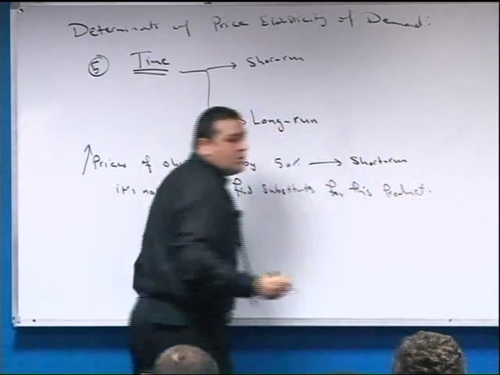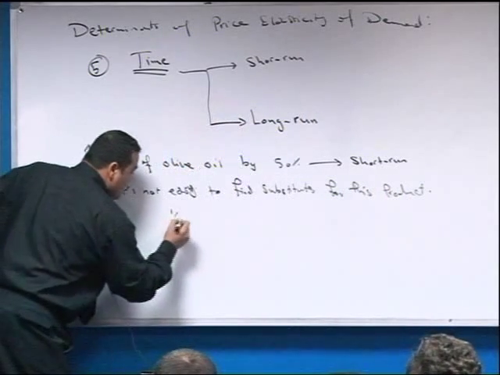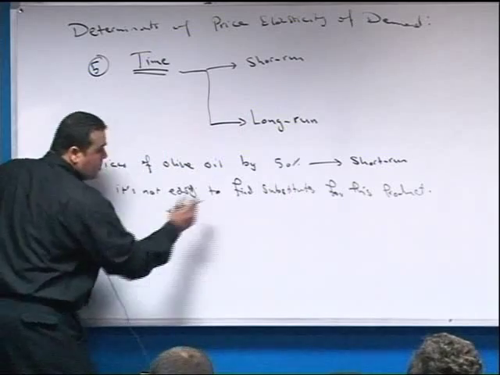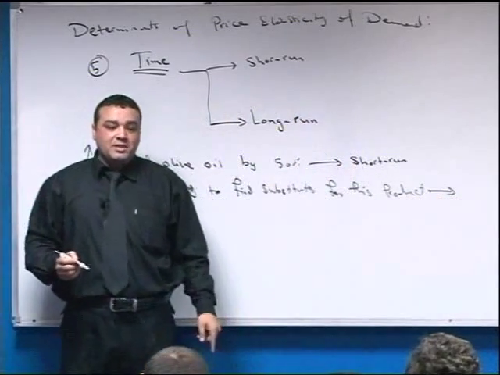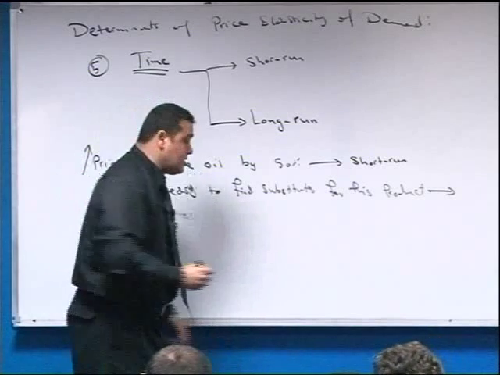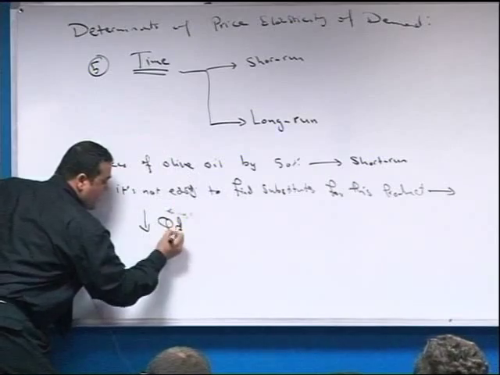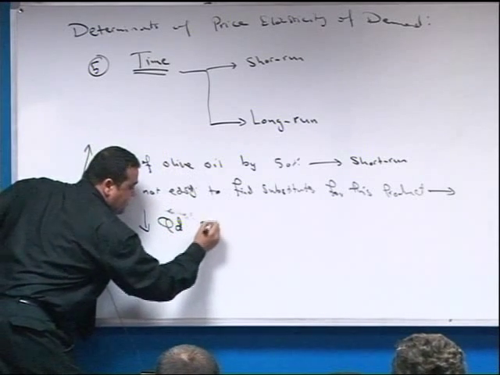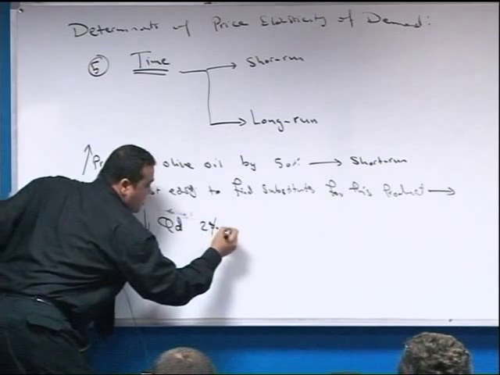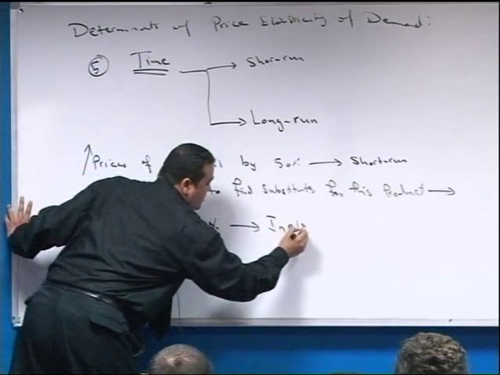So the demand would be what? Inelastic. So in the short run, this leads to a smaller reduction in the quantity demanded of olive oil, maybe by 2%. So the demand would be inelastic.